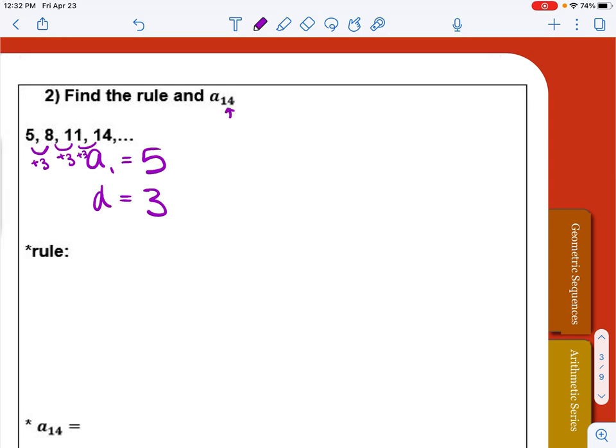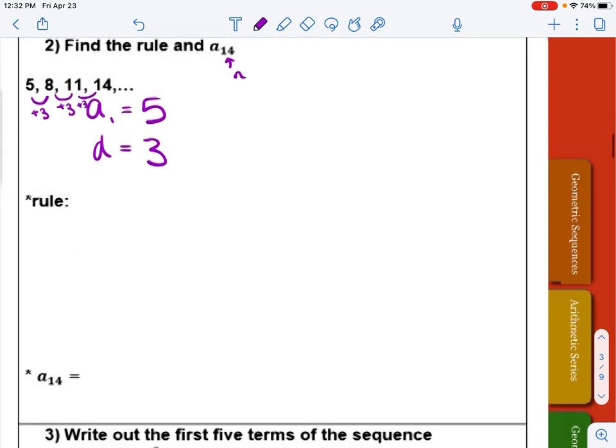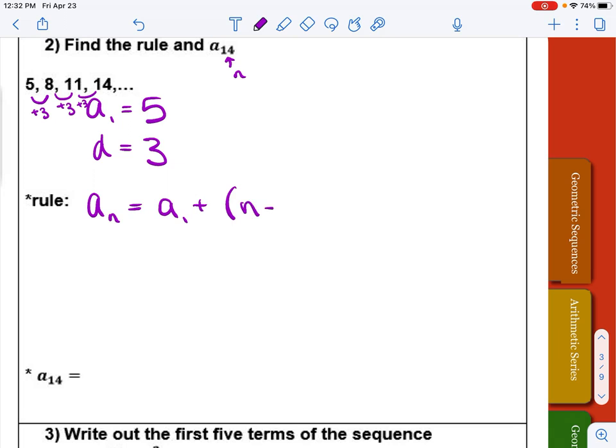Our n will eventually be 14, but we will do that at the end. So our rule, we use the equation a sub n equals a sub 1 plus n minus 1 all times d. Gotta plug in a sub 1 and d.